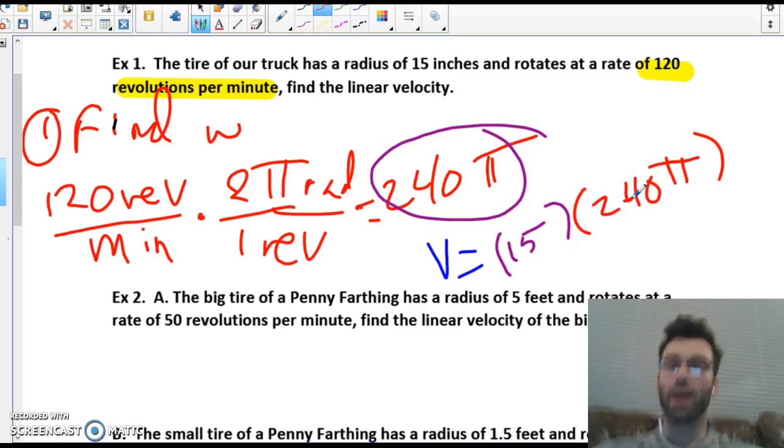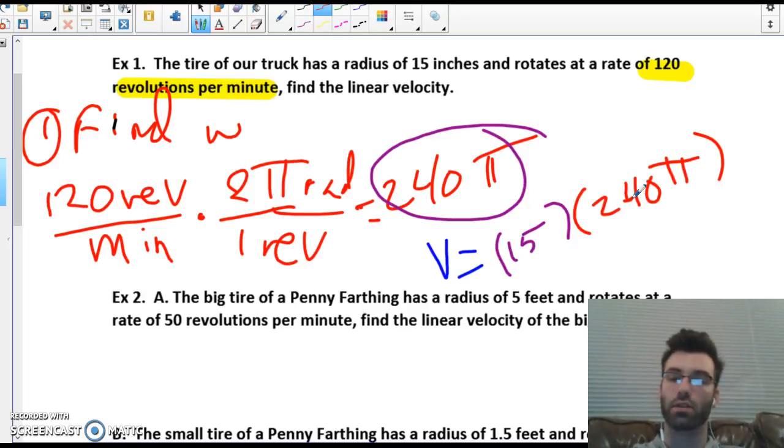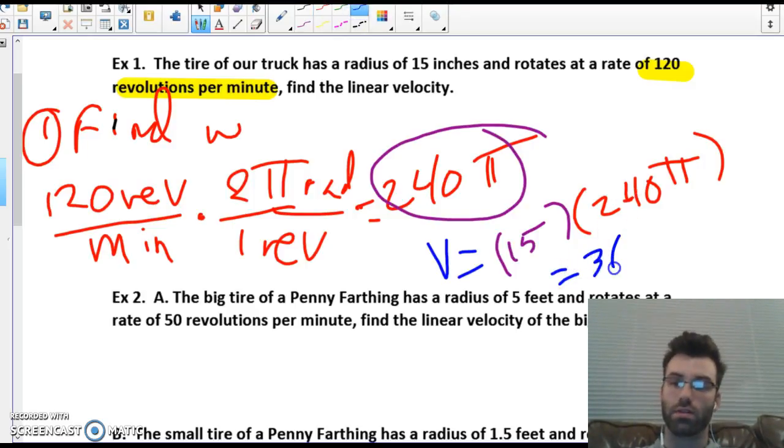Okay. Now, you can multiply 240 times 15 and leave it like that. Well, that would get you 3,600 pi.